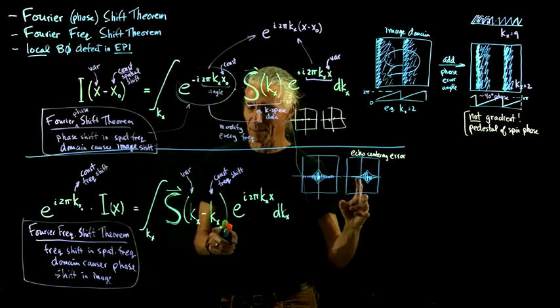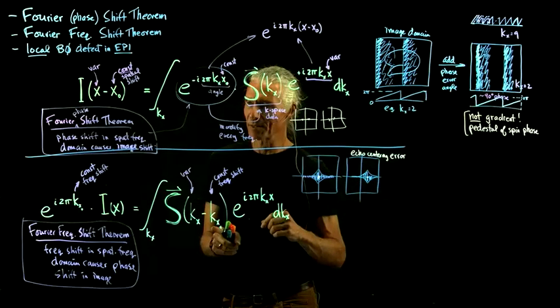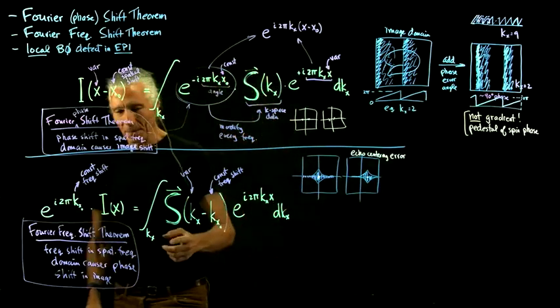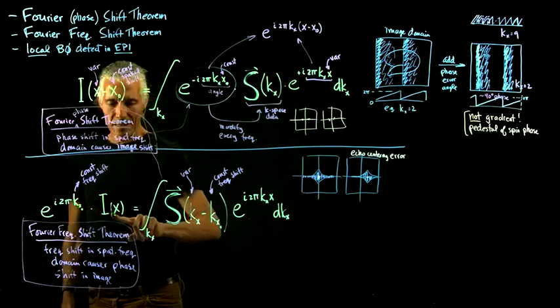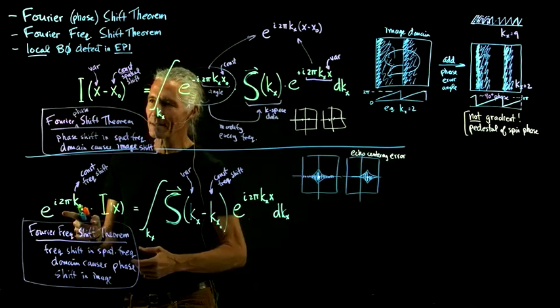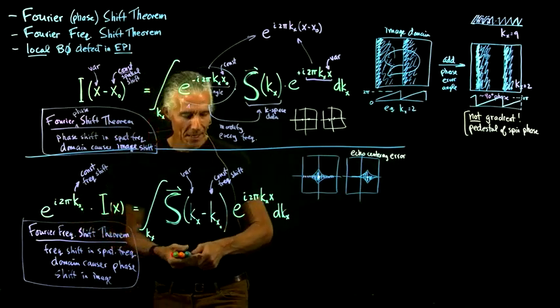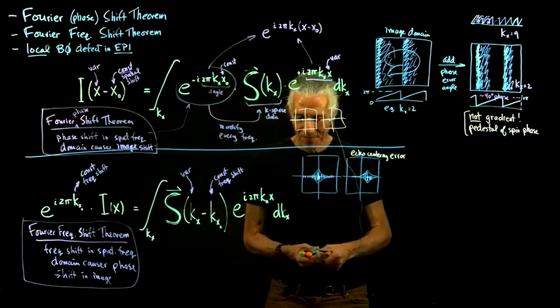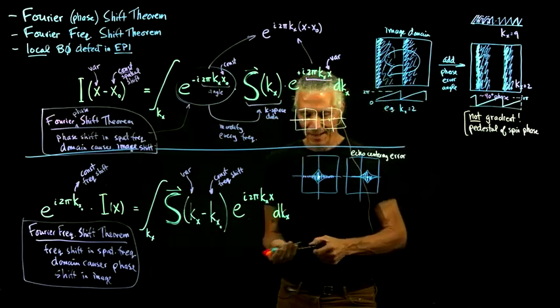That's what this constant offset means. What is it going to do? It's going to basically just not mess up our image at all, except it's going to change the phase of the image. And so what does that look like?